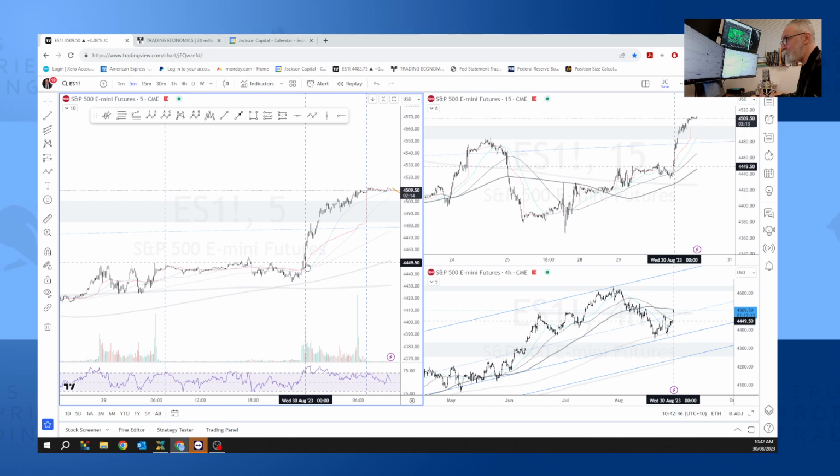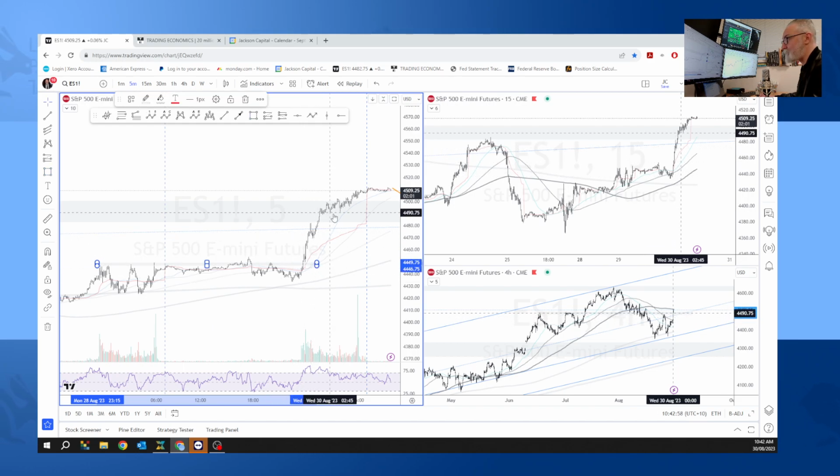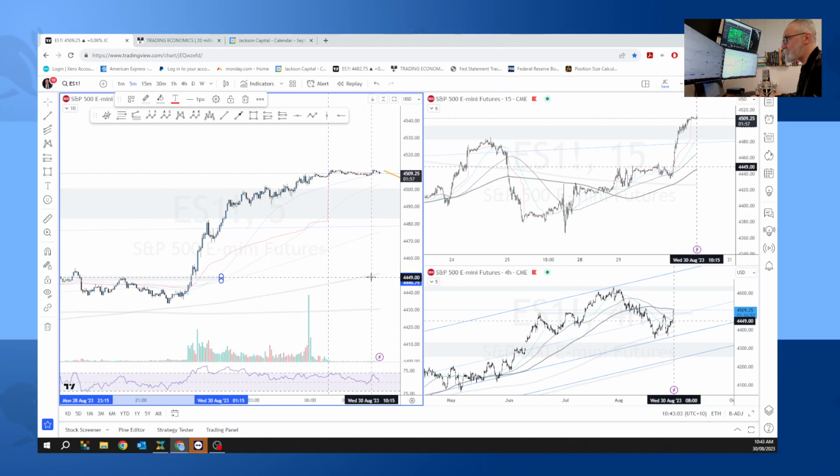That was a really nice buying opportunity in there with a small amount of risk. There was big SR in here the whole time, but this really just didn't look back, did it? It just took off and that's it. Anyway, later on today, throughout the day, I think we might be looking at shorts.